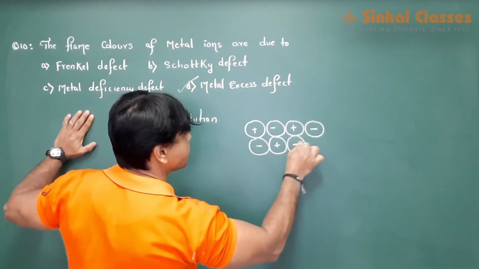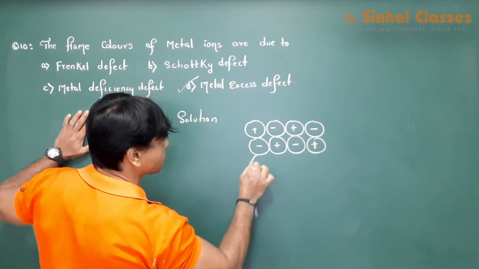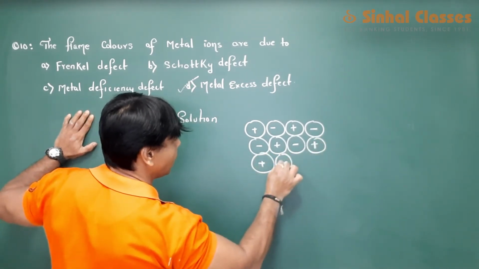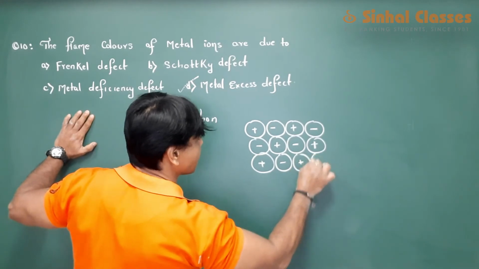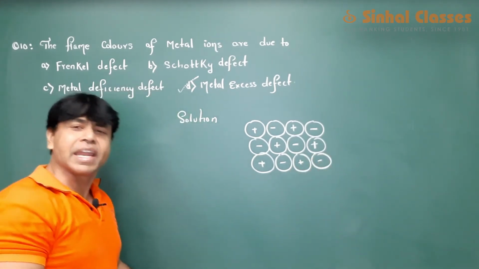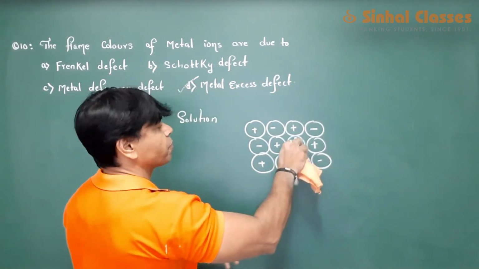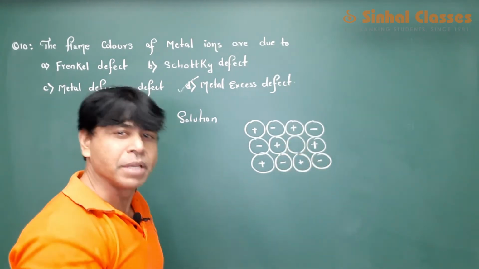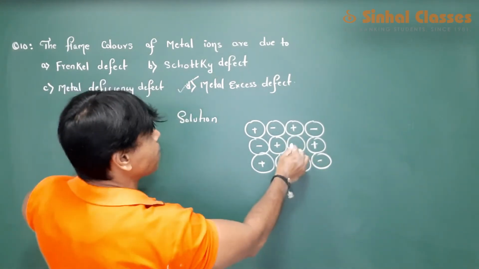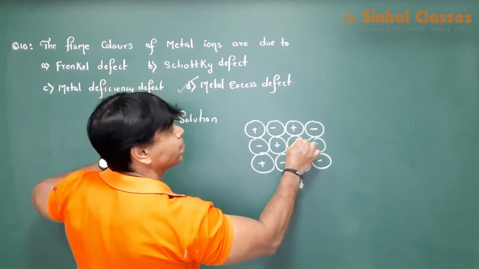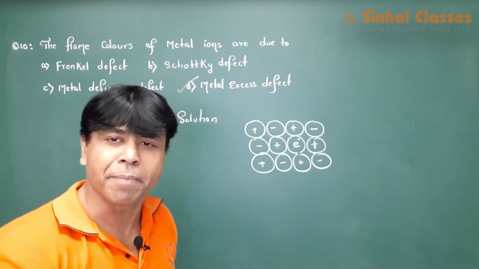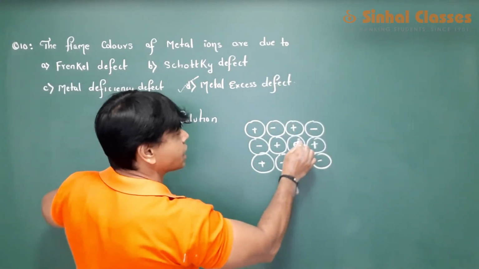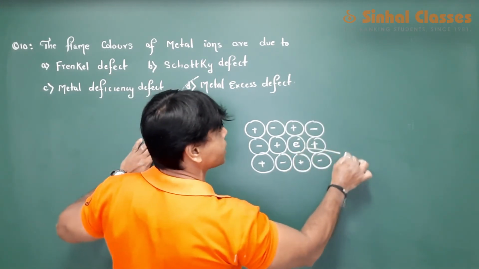So in this case, what actually takes place in metal excess defect, one of the anions is missing, and in that place an electron is trapped. This is called an F center.